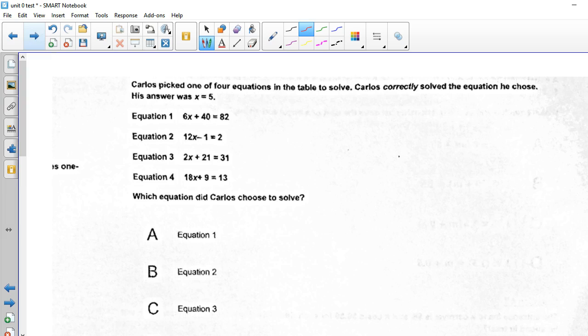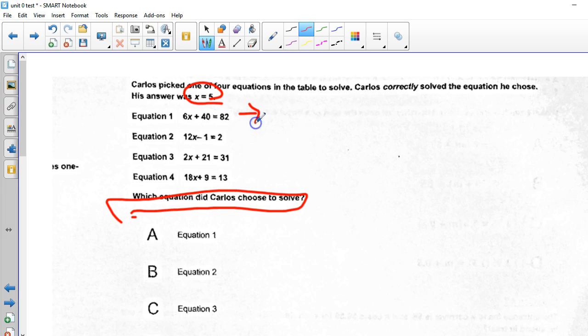Number 4. Carlos picked one of 4 equations in the table to solve. He correctly solved the equation he chose, and his answer was X equals 5. Which equation did Carlos choose to solve? So what I need to do is find which one is equal to 5 by solving it, or I could replace every X with the number 5.